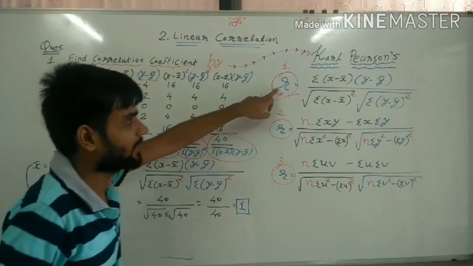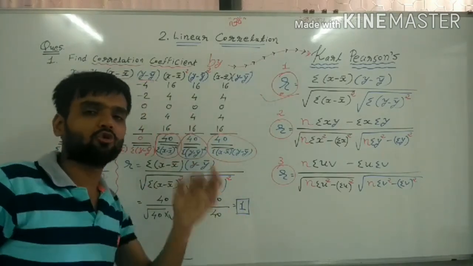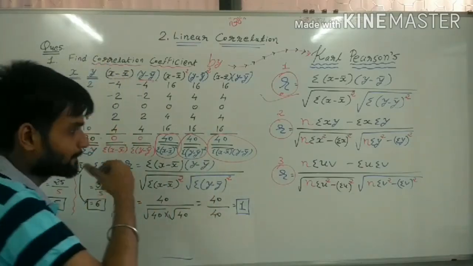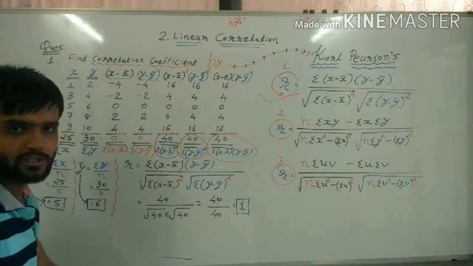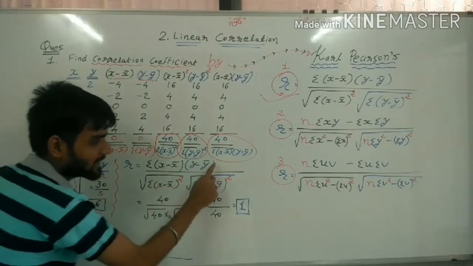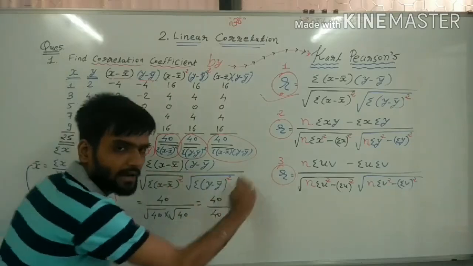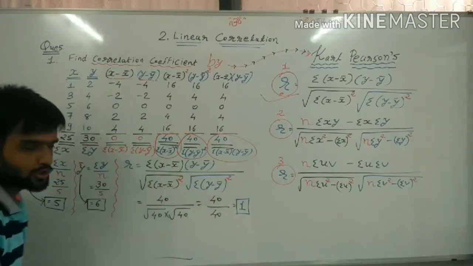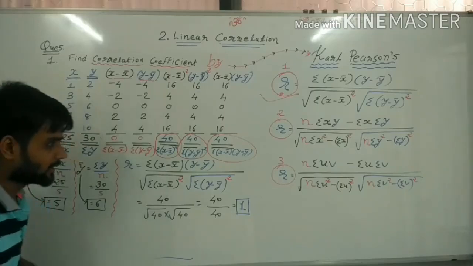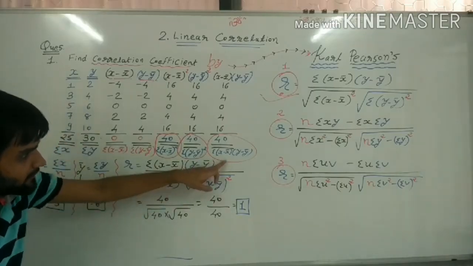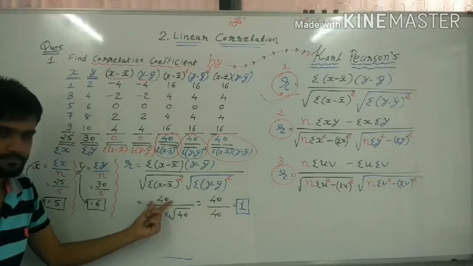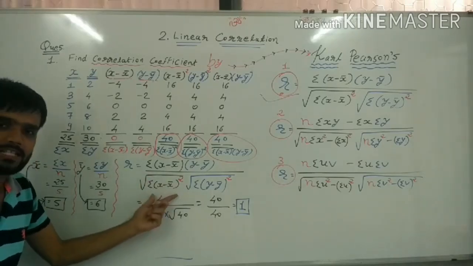Now we need to find the value of r, the correlation coefficient. How can we find the correlation coefficient? By placing these values in the formula. So r is equal to sigma x minus x bar, y minus y bar, divided by under root sigma x minus x bar square, times under root sigma y minus y bar square. The value of sigma x minus x bar, y minus y bar is 40 here.